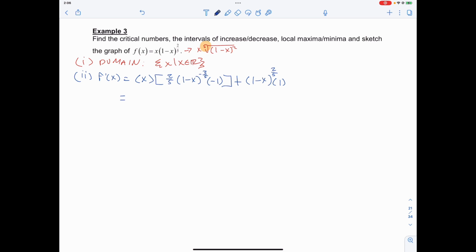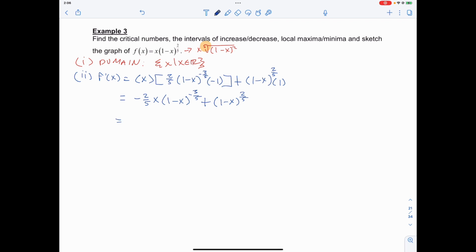When I simplify this, I get negative 2 over 5 x (1 minus x) to the power of negative 3 over 5, plus (1 minus x) to the power of 2 over 5.